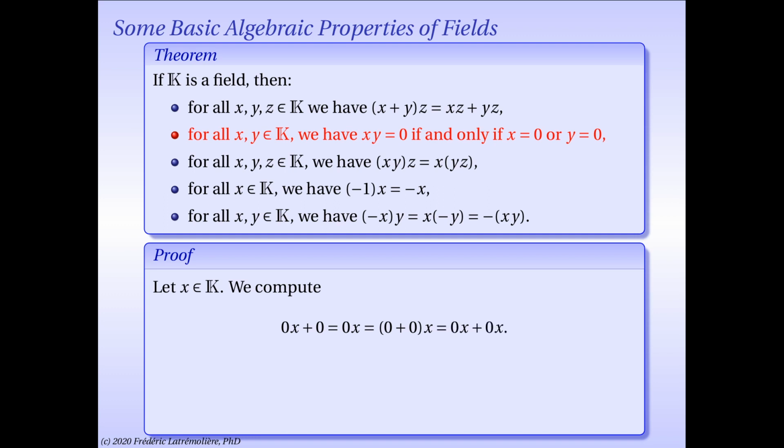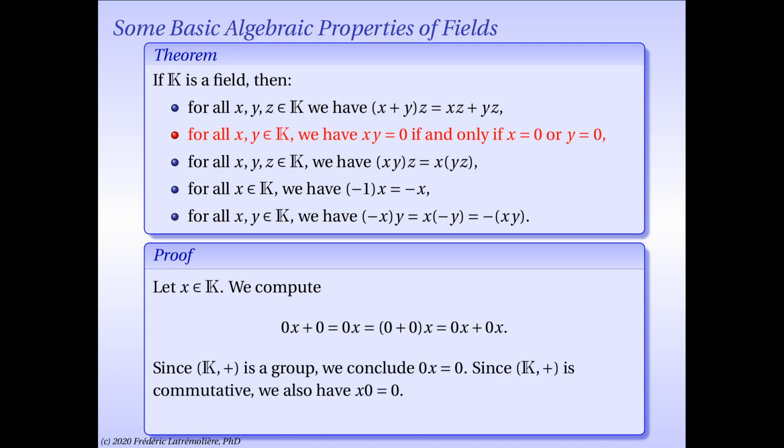Using distributivity now, this is in turn equal to 0 times x plus 0 times x. Now, let's look at the beginning and the end of this equality. Because K with the addition is a group, we proved, this was the very first proof of these lectures, that 0 times x plus 0 equals 0 times x plus 0 times x implies that 0 times x must be 0.